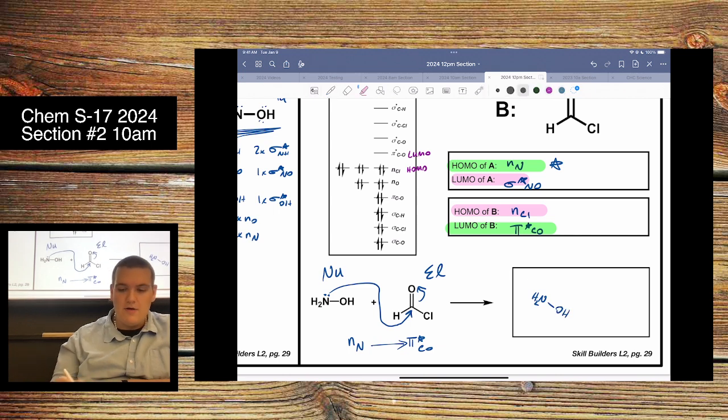But then this arrow right here is going to create a new bond between nitrogen and carbon. So I know that that is the product of that arrow. And then that carbon is still going to have the H and the Cl, and it's still going to have an O here. But we broke that double bond, right?